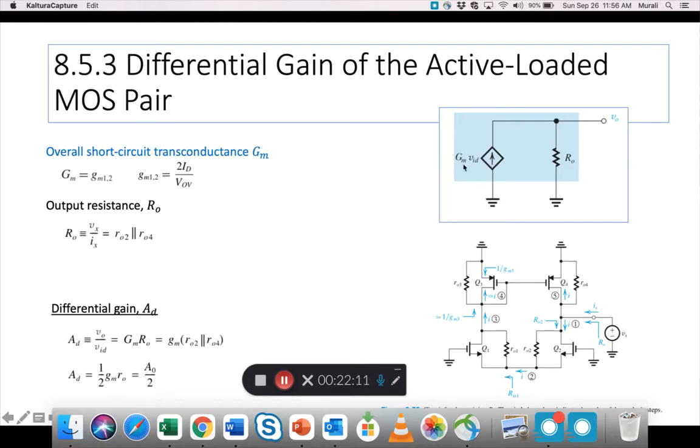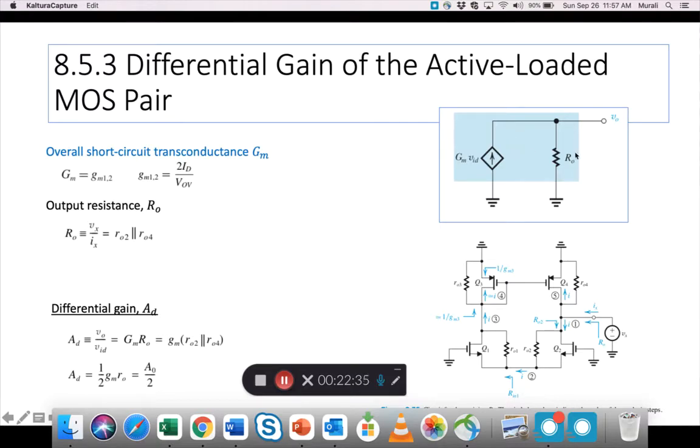And what is the value of that current? It's this transconductance, a capital Gm, multiplied by the differential input voltage. And then you always have an output resistance that you have to worry about. Sometimes you don't have to worry, you can think this is infinite and leave it open.